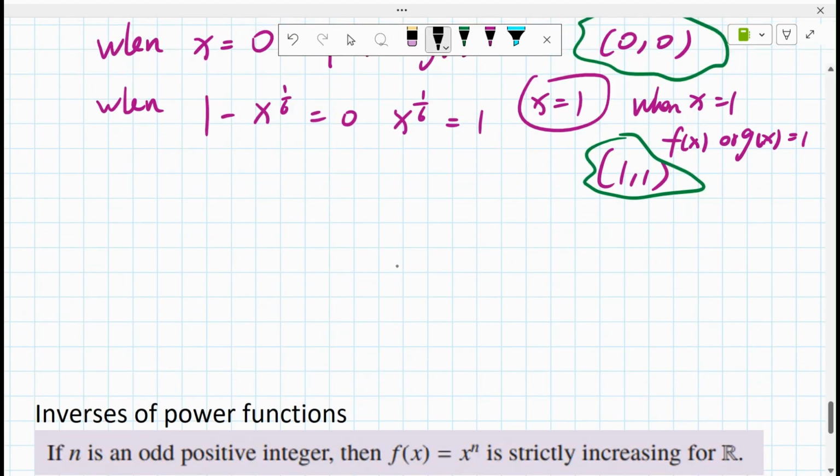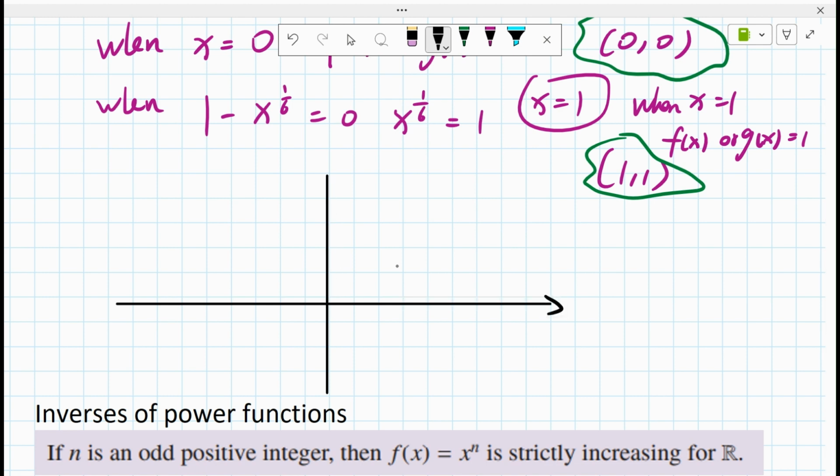Okay, now I'm going to make that happen by having already graphed it beforehand. So the square root, x to the power of 1/2, passes through (1, 1) and (0, 0). Perfect.